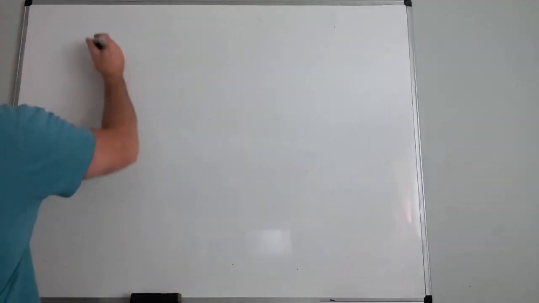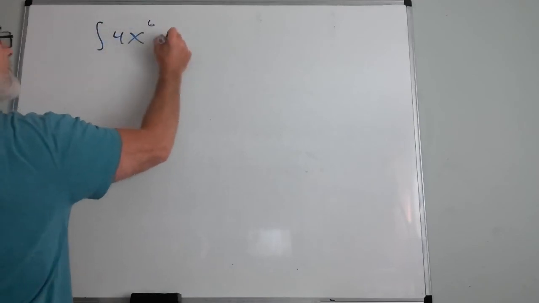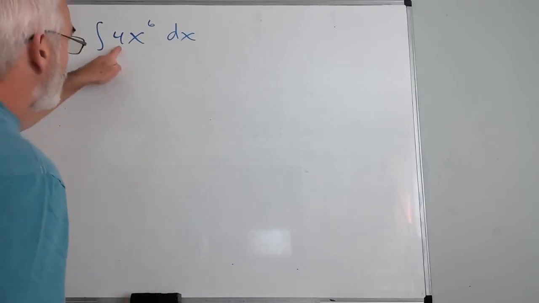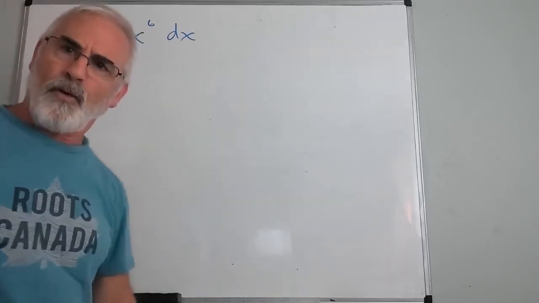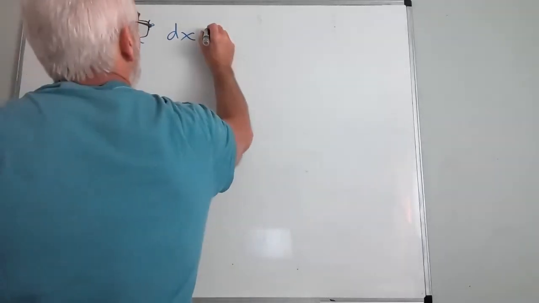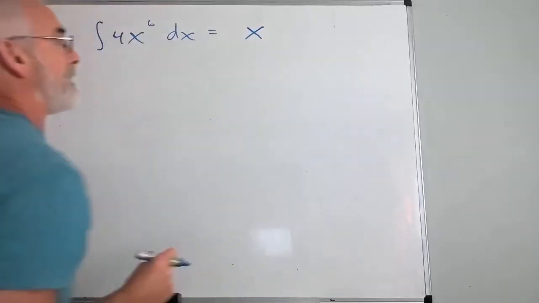So I want to do the integral of, how about, 4x to the 6th. Now, if I asked you to do the derivative, you're not looking at the 4, you're looking at the 6, I would hope. So when you're doing the antiderivative, it's the same thing. Start with the exponent. So what's my exponent going to be in the answer?